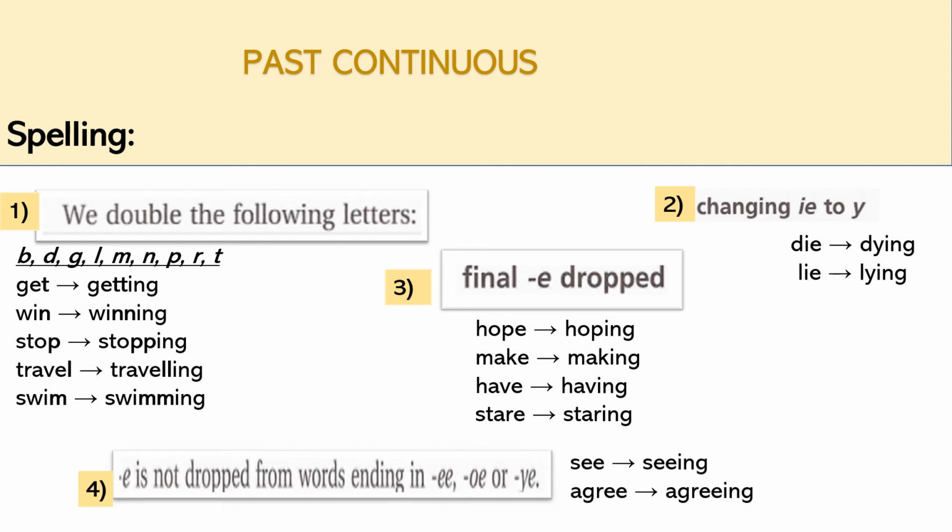But E is not dropped from words ending in double E, OE, or YE. So for example, with see, you only add ing, and the same with agree. Can you please notice this and try to remember the rules, so then you are confident when you need to write verbs with ing.